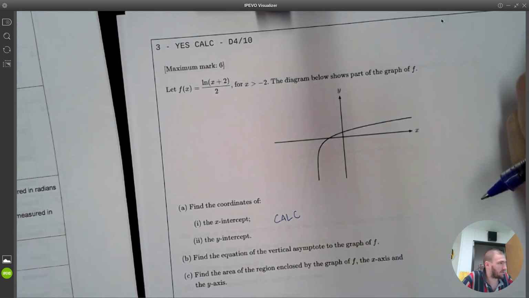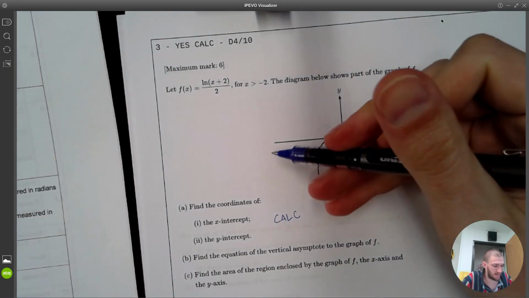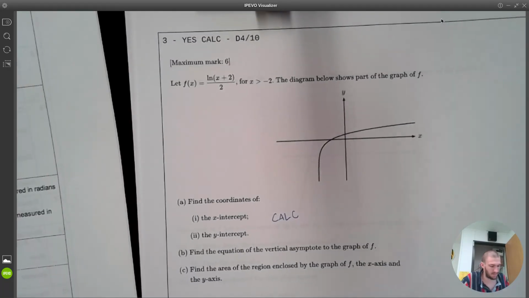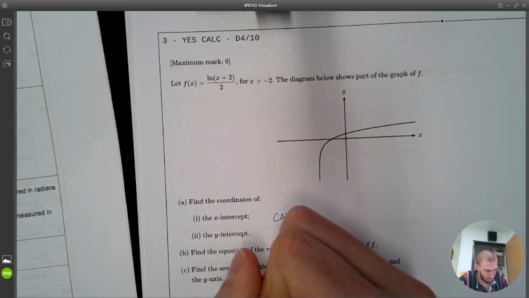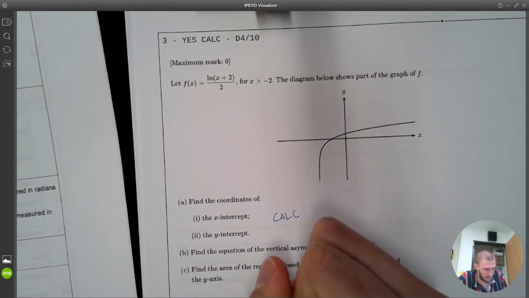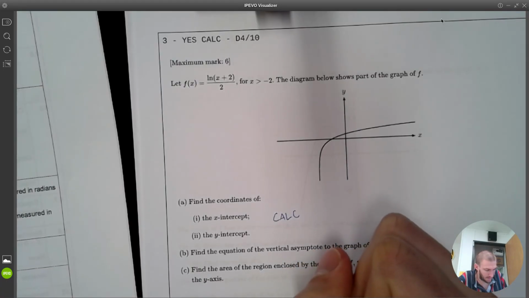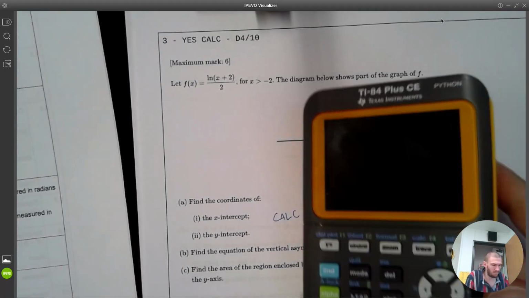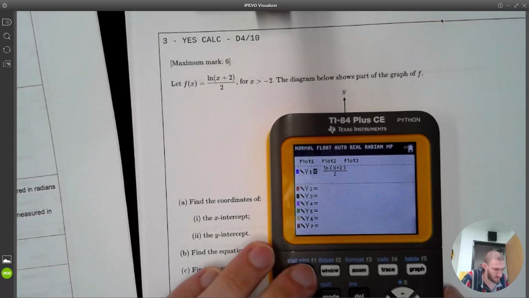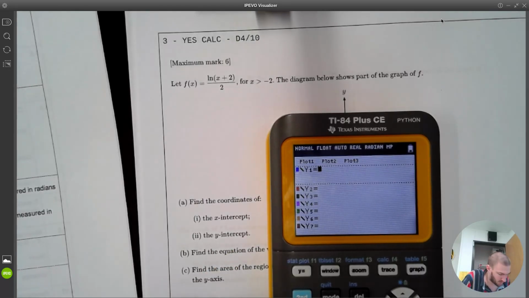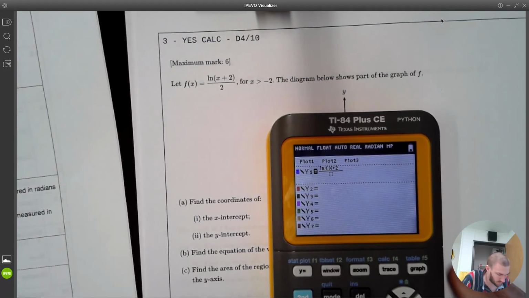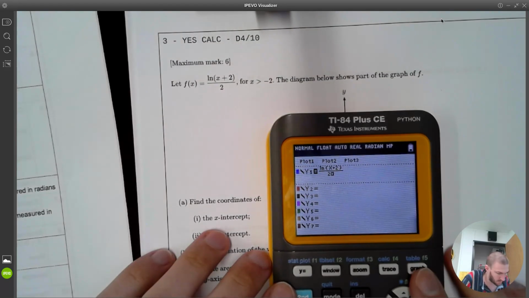This is just going to be a calculator question, right? I just need to use the calculator and figure this out. So the x-intercept. Alpha y equals, enter the natural log of x plus 2 over 2.